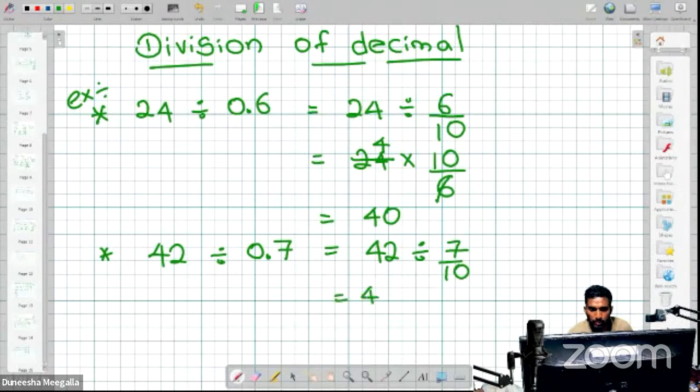Then 42 multiplied by the reciprocal of 7/10. What is the reciprocal of 7/10? 10/7. How many sevens are there in 42?